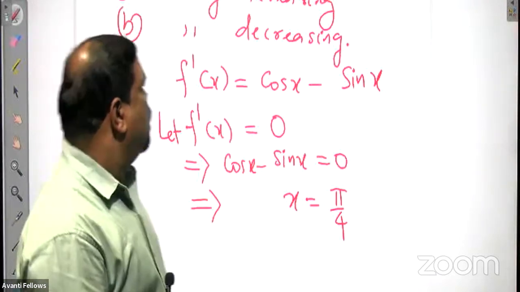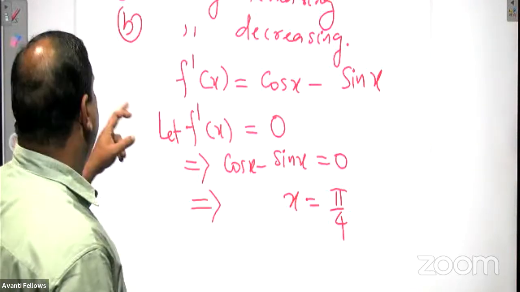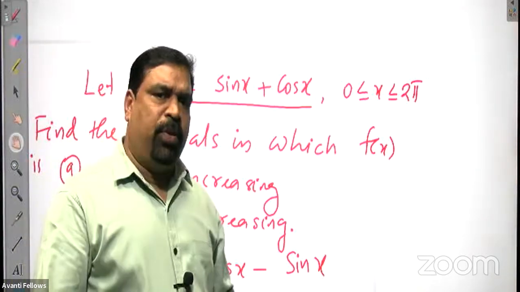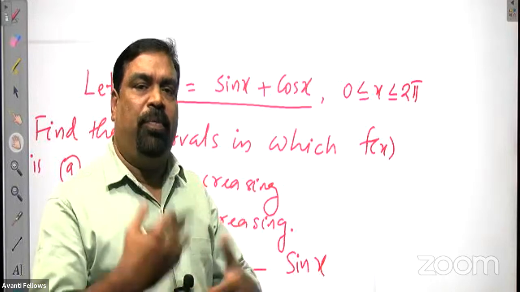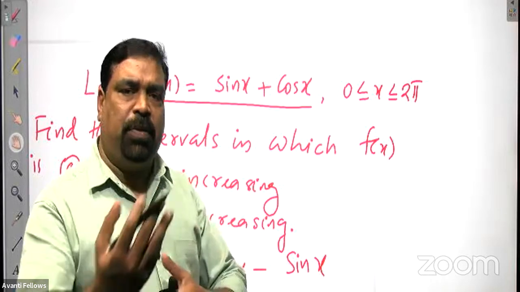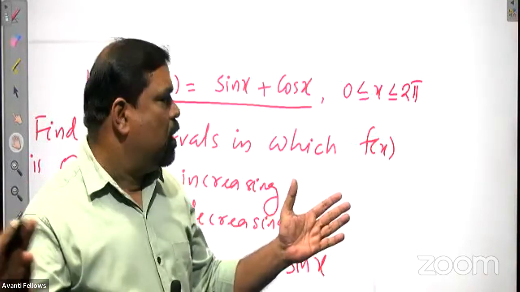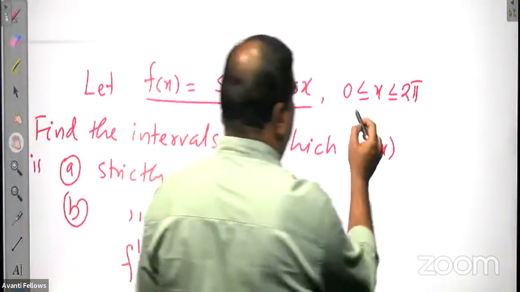Any other value? And one more thing we have to see. When trigonometric functions are given, there can be infinitely many critical points. At that time, we will not be able to write all the infinite intervals. So that is why some domain is given in the question itself.